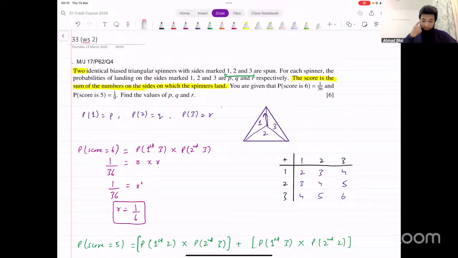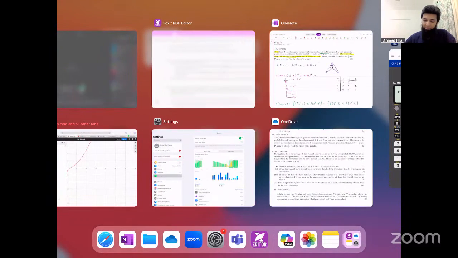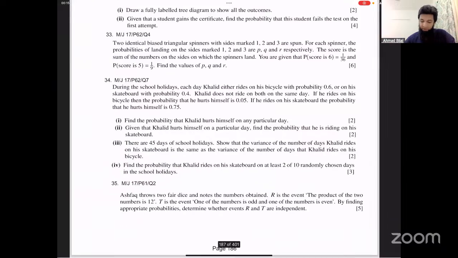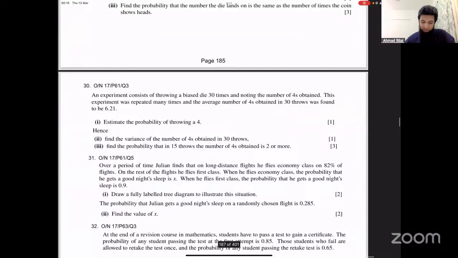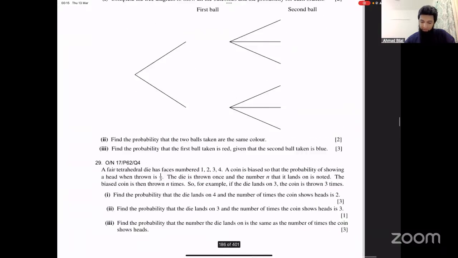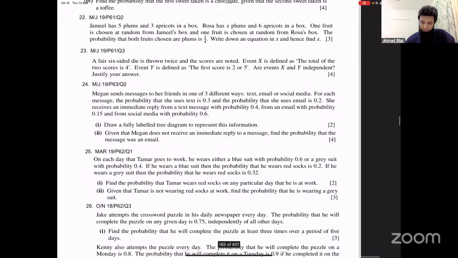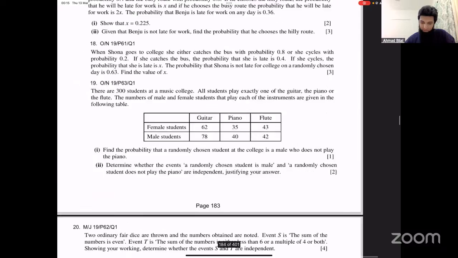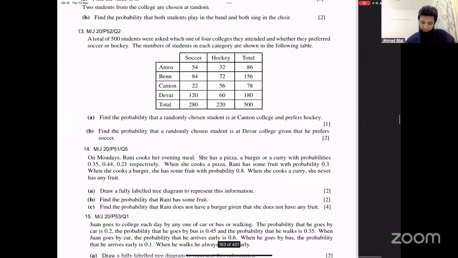More questions like this. I'm not sure you'll find many like this in probability. You will see more questions like this in discrete random variables later. Let me see if I can find one. I haven't seen many like this in past papers. Let me see if I can quickly find one like that. Not really.